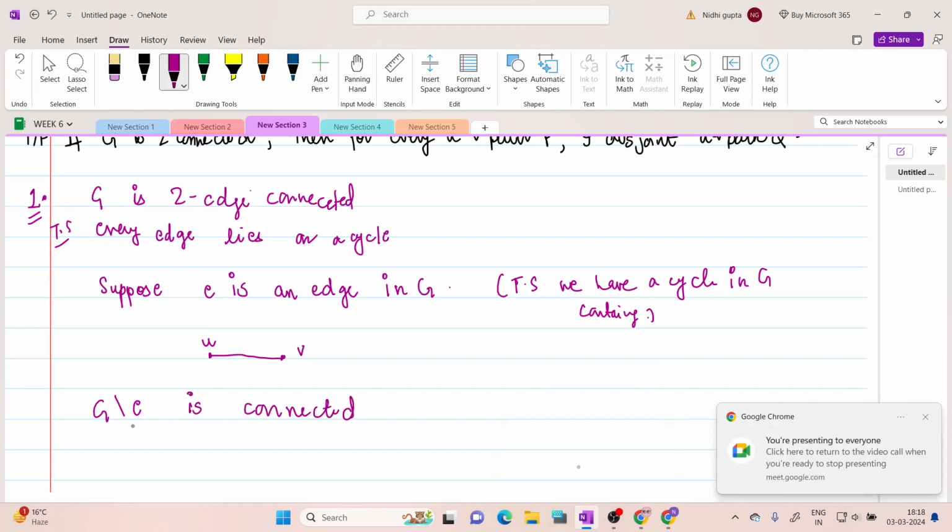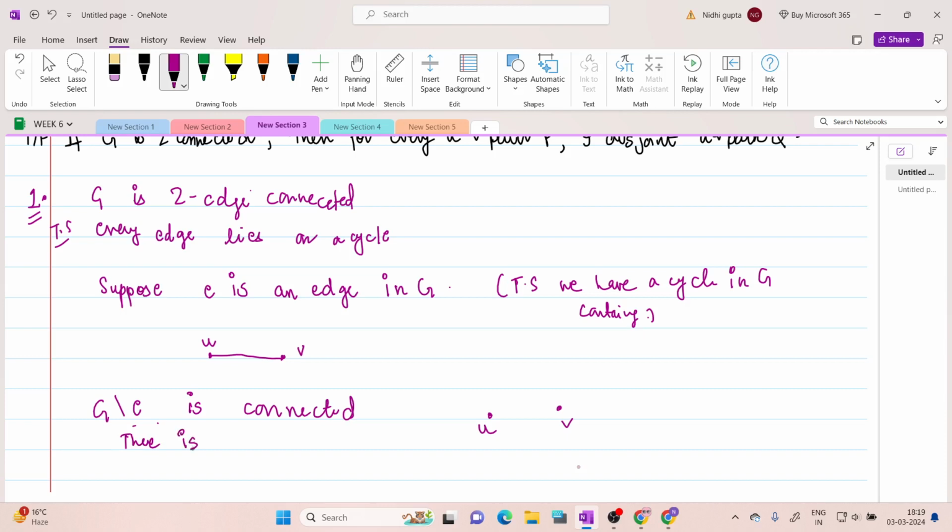So now if G minus e is connected, what can we say about u and v? That there is a path P in G minus e connecting u and v?